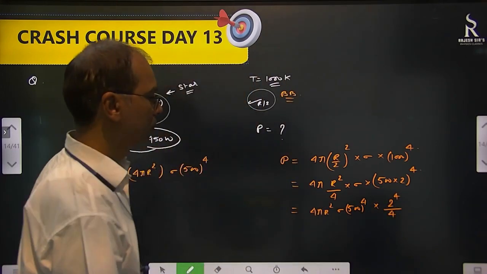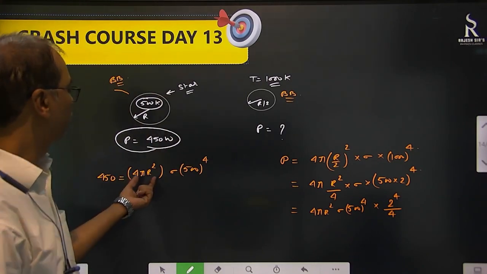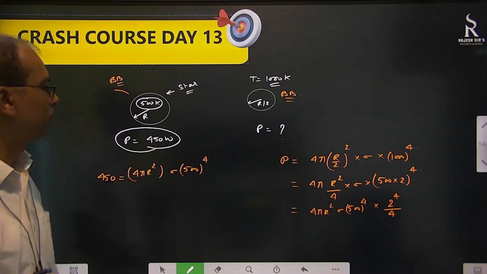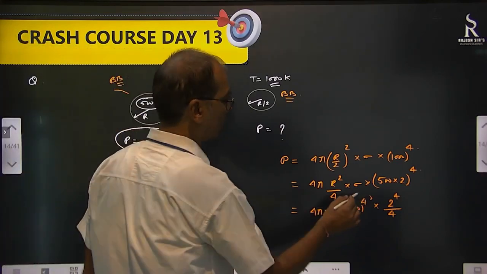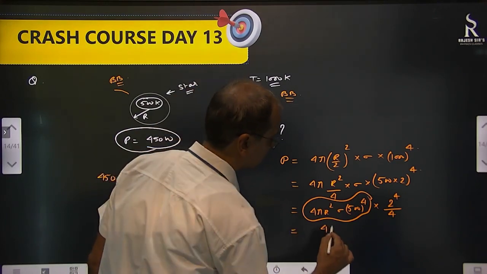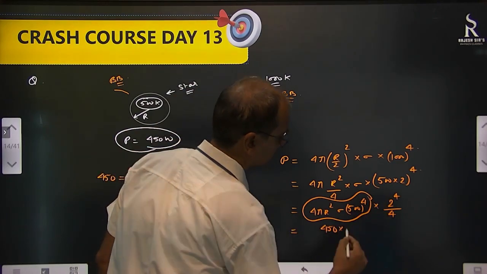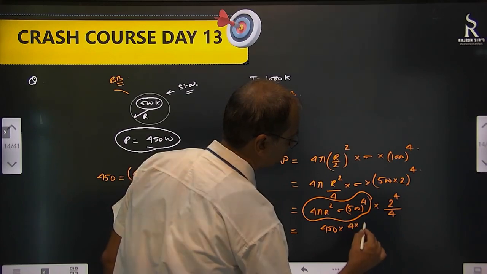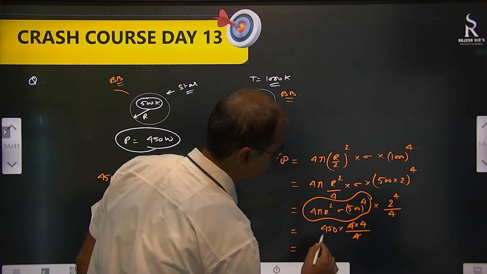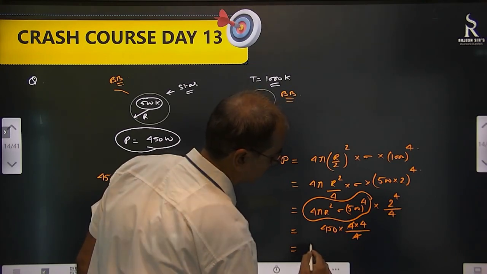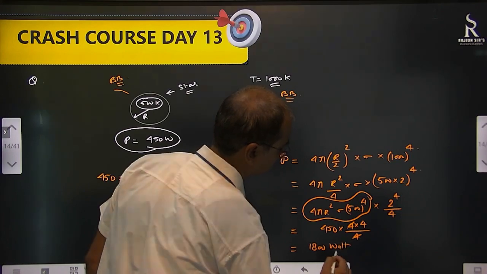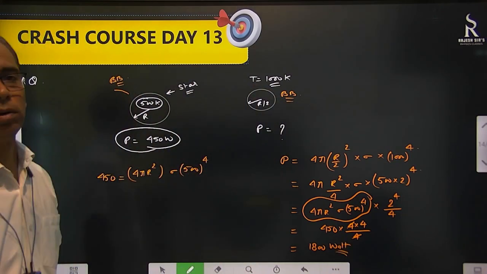The value 4 pi R square sigma 500 to the power 4 is given as 450. So this is 450 into 16 by 4, which comes out to be 1800 watt.